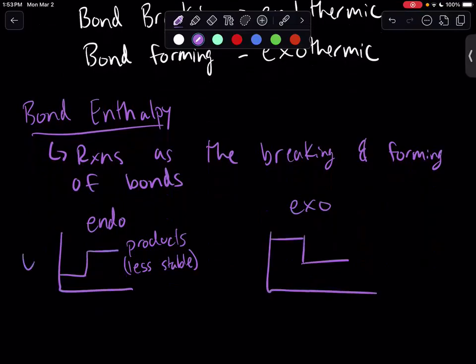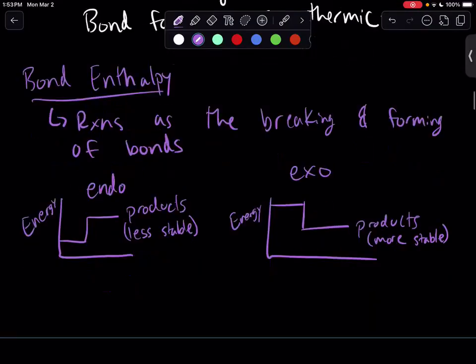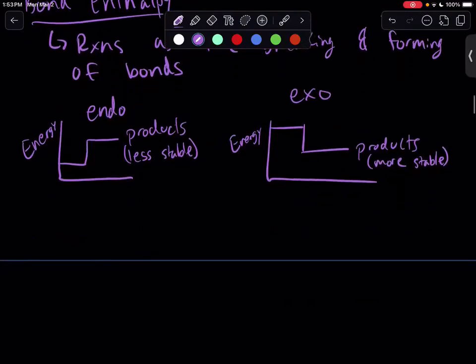So these are our energy diagrams. These would be more stable. And we can determine this by the energy within the bonds. Again, we can get these values from our data booklet, and we'll do some examples showing that in a little bit. So how do we get these values and how do we quantify this?